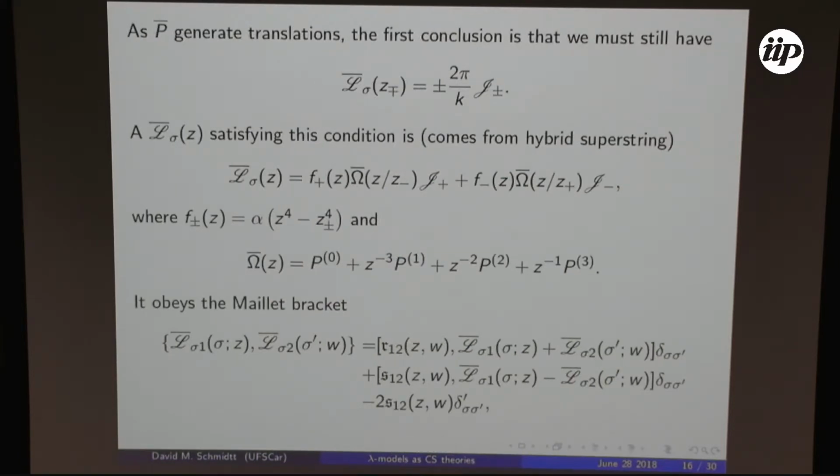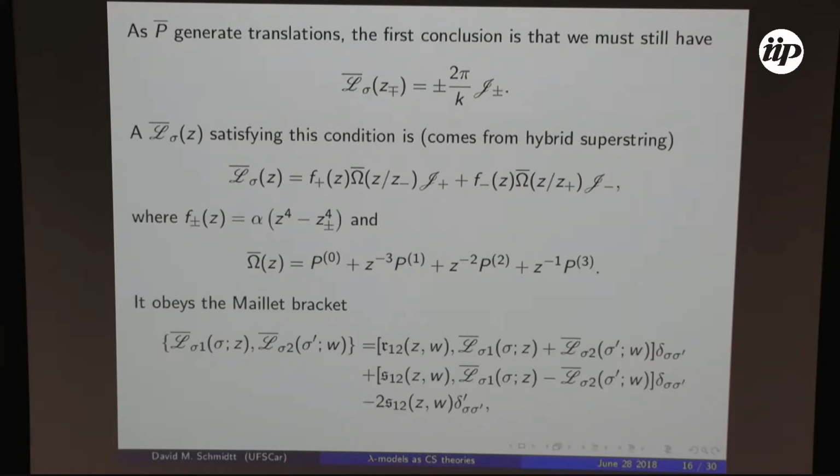Because the extended P must generate translation, the first conclusion is that the result brought before, in which the on-shell Lax pair becomes the Kac-Moody currents, must be valid on the whole phase space, not just for these 2 points.